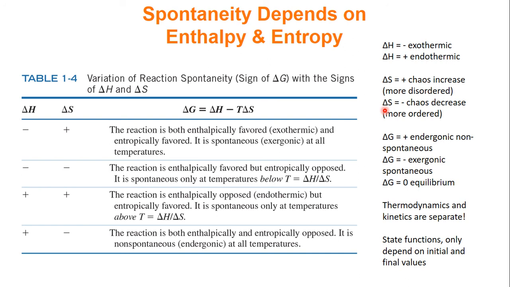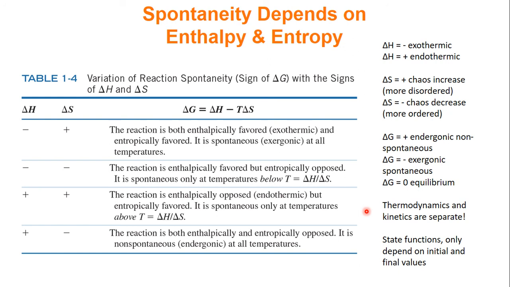And when we talk about delta G, keep in mind this tells us nothing about the speed or kinetics of the reaction. Thermodynamics and kinetics are completely separate. If you have a reaction that is negative 1 kilojoule per mole delta G, and another reaction which is negative a million kilojoules per mole, you cannot tell me which one is faster.